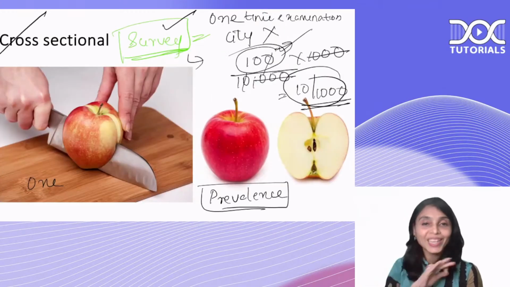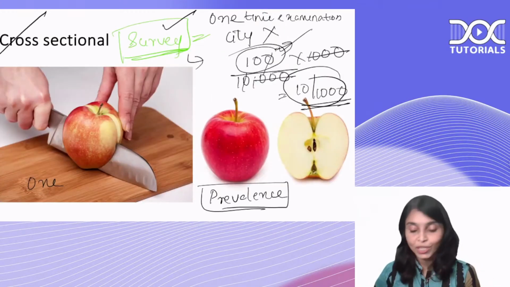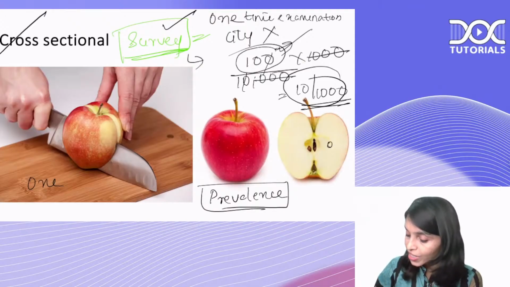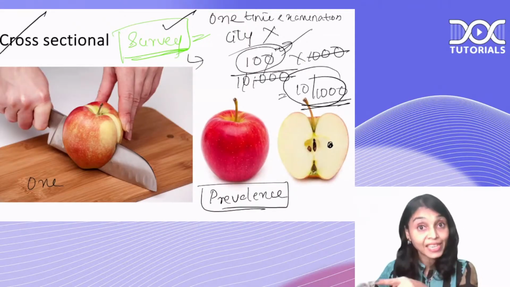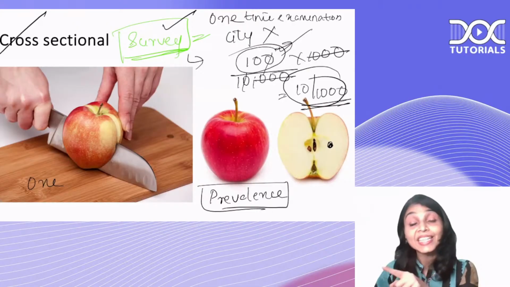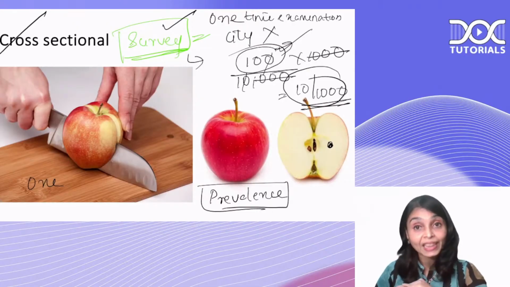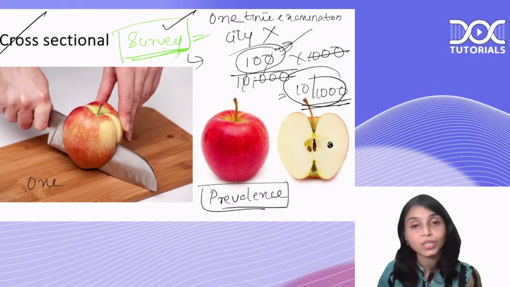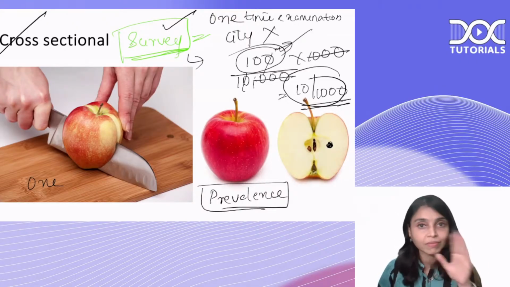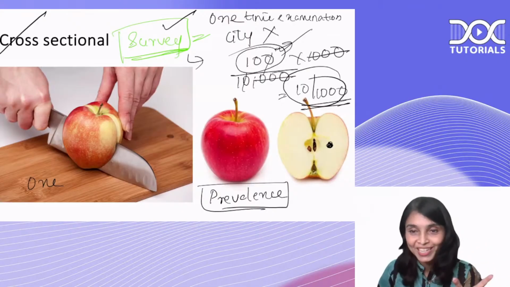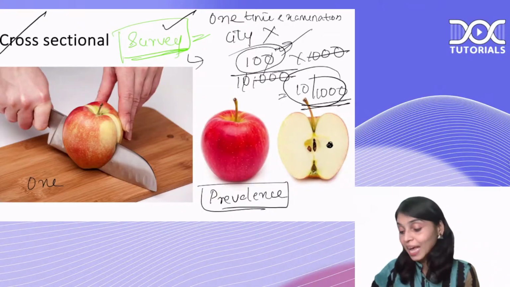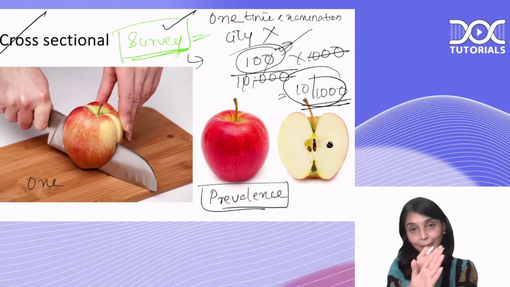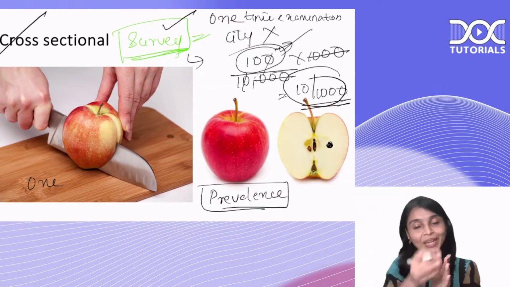This is exactly like when you take a cross-section of an apple. Suppose you found a small lesion here. You can relate this lesion to the disease, COVID, that you found at that point. You can explain everything about the lesion at that point: the size, the shape, the vicinity. But you can never say what was happening to the lesion beneath or beyond unless you take one more cross-section.